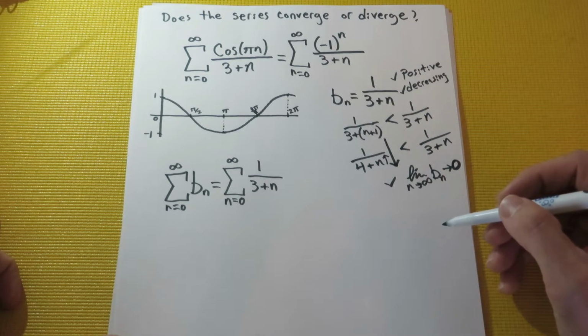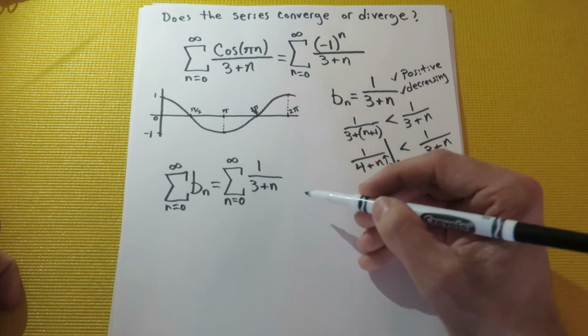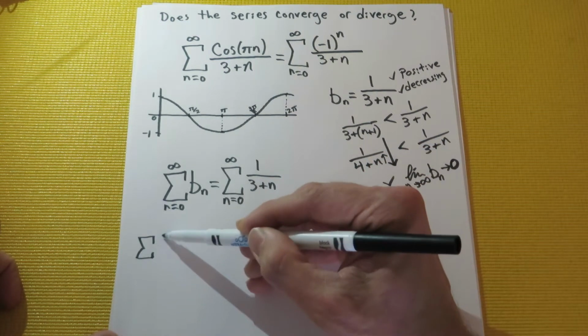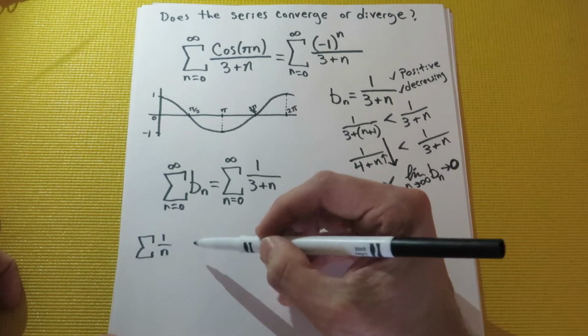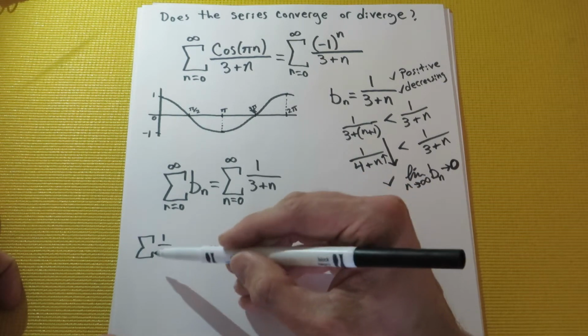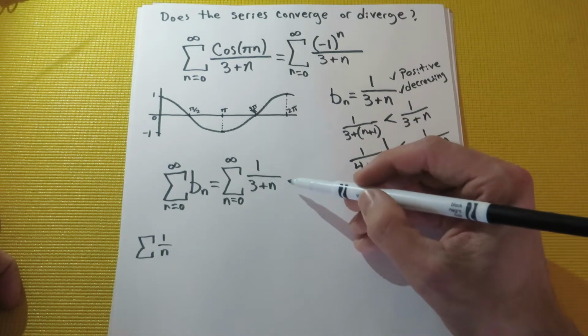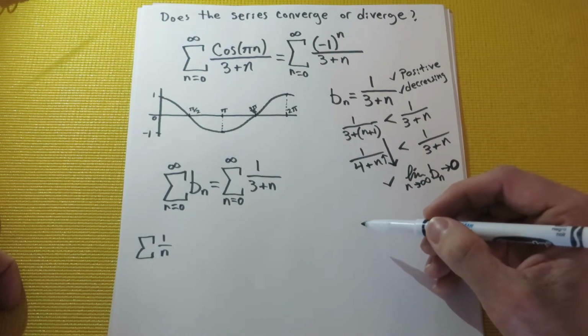Well, we can do our limit comparison test, and we know that the series of 1 over n is divergent. This is our harmonic series. This is divergent. So we can do our limit comparison test and compare this series with our harmonic series.